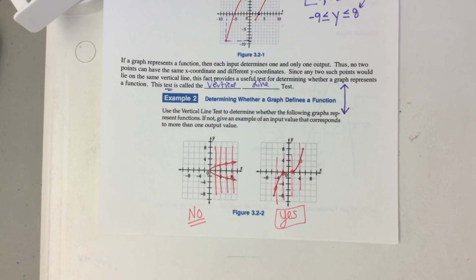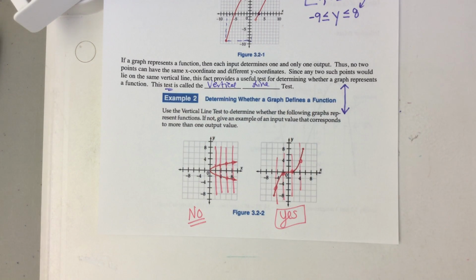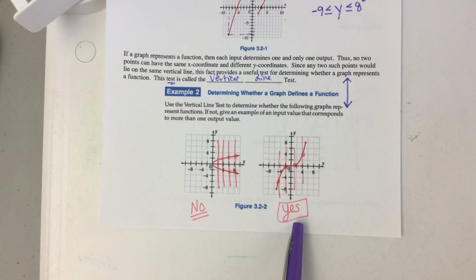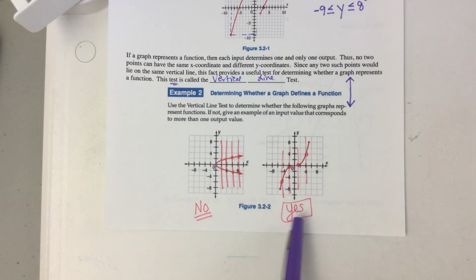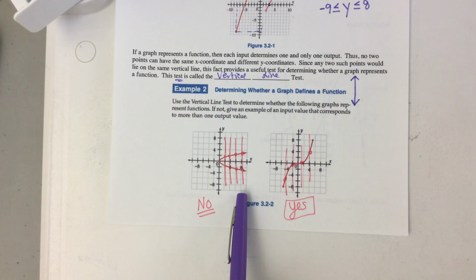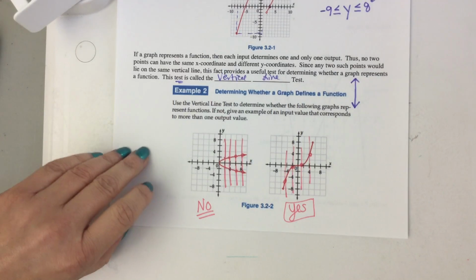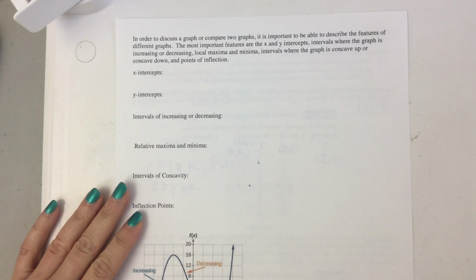So a reminder, a function means every x value occurs only one time. To check to see if a graph is a function, you use the vertical line test. Every vertical line can touch the function at only one spot. If it does, like we had here, yes, that graph represents a function. If it does not, if your vertical lines ever touch more than one spot, no, that graph does not represent a function. Okay, next idea.